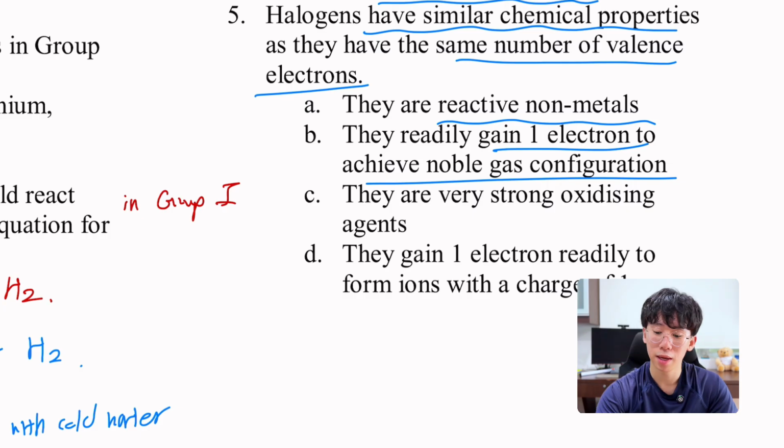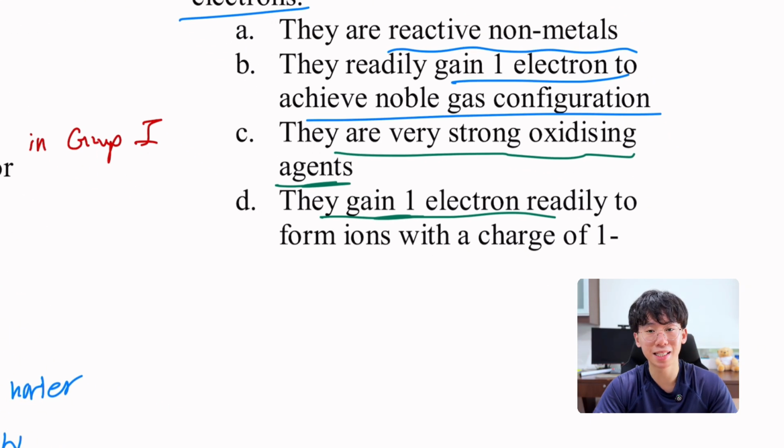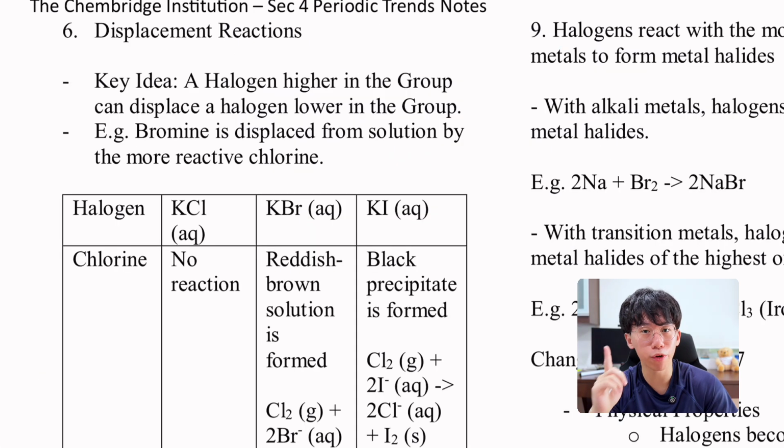And they also have very strong oxidizing power. They are very strong oxidizing agents, and this is because they easily gain 1 electron to form ions with a charge of 1-.